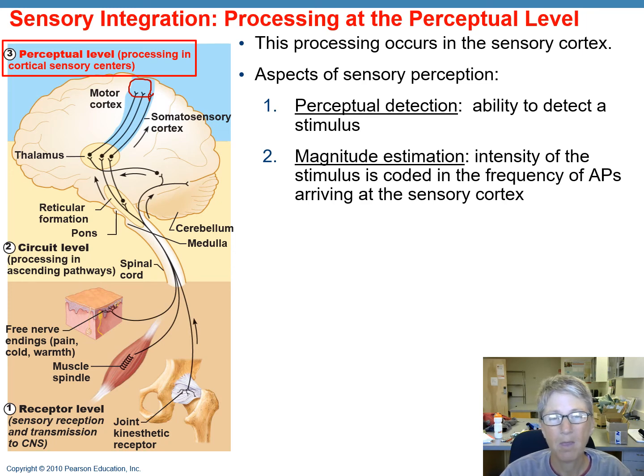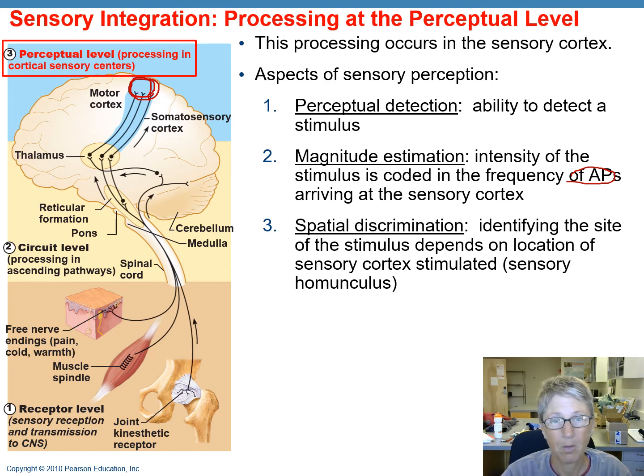And then you can estimate how big that perception is. And the way your brain does that is that the intensity of the stimulus is coded in the frequency of action potentials. So if you have a high frequency of action potentials arriving here in the cortical sensory center, then that would reflect a great stimulus.